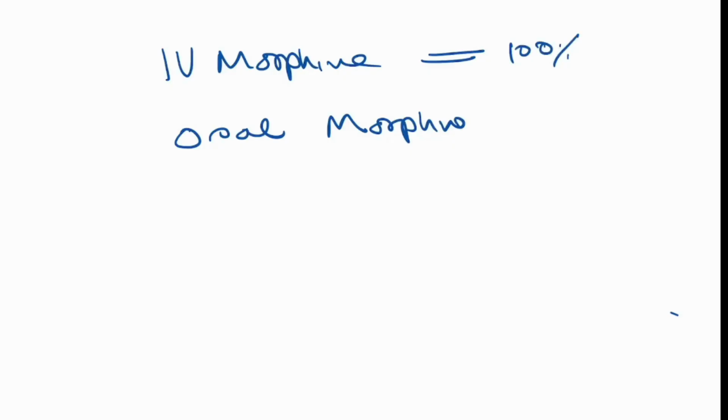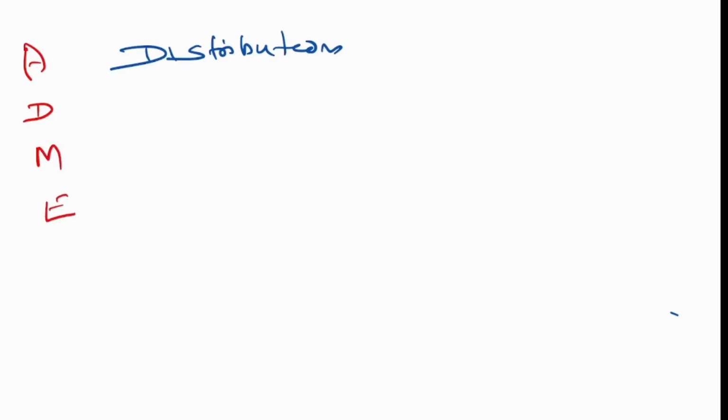Now we go to distribution. It's a very important topic. What is the definition of distribution? We have already mentioned that pharmacokinetics is absorption, distribution, metabolism and elimination. So what is distribution?